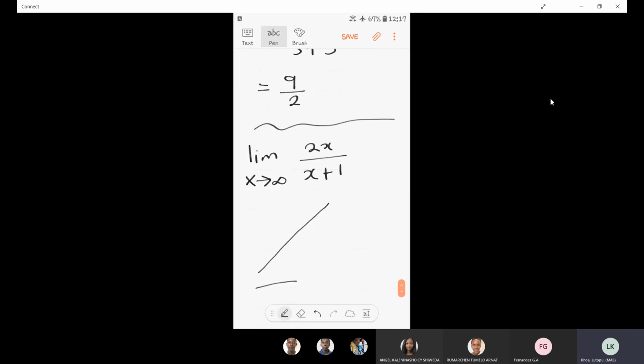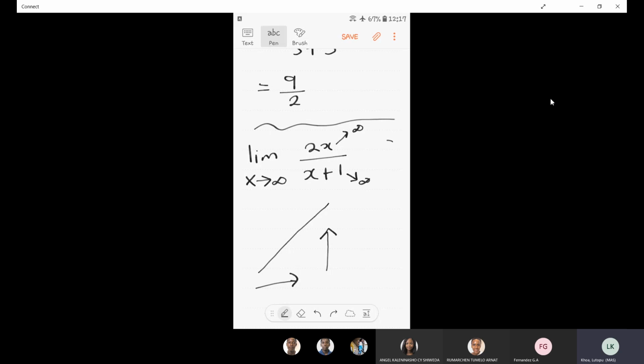When x is getting bigger, going that way, you can see the values of y are just increasing. So this value over here is going towards infinity. And the same thing with the line in the denominator. It also has a positive gradient like that one, so it is also going towards infinity when x is going towards infinity.